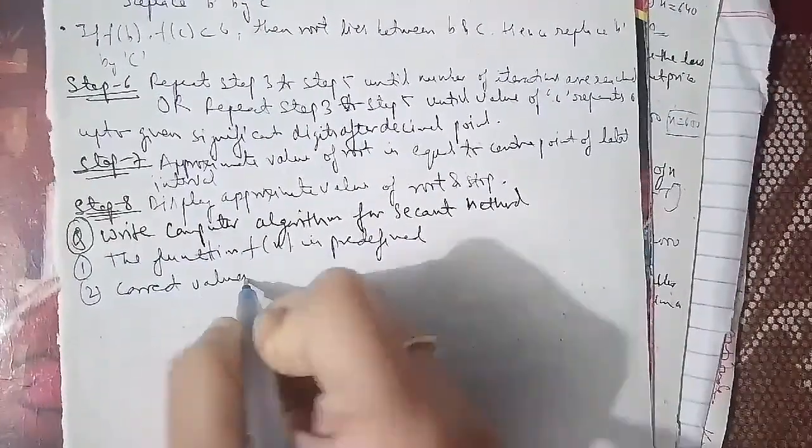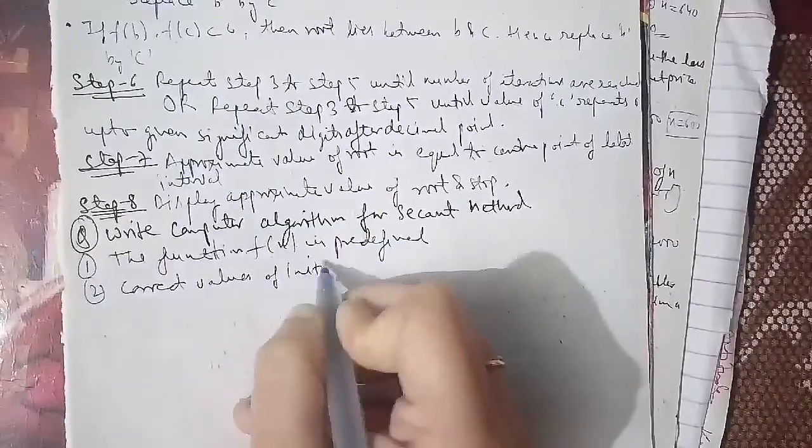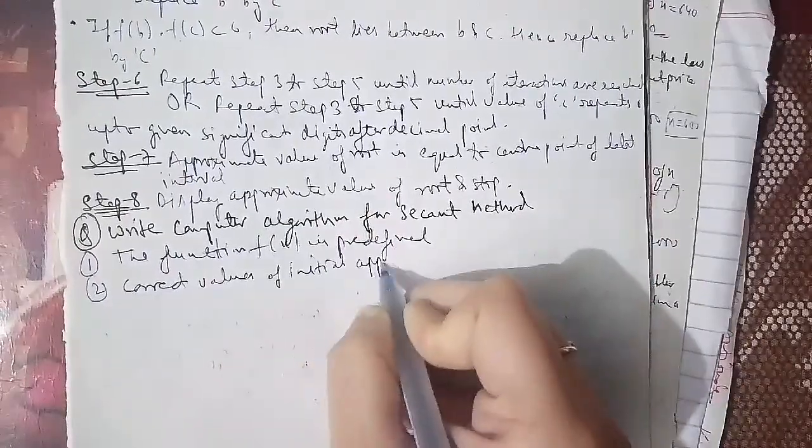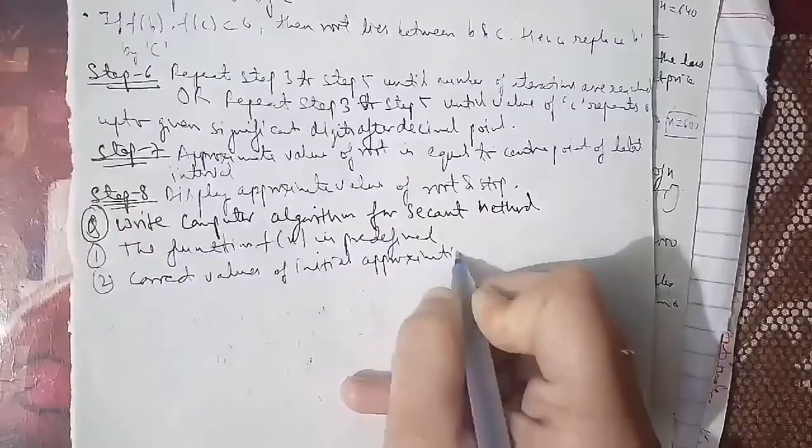Now we go ahead for the steps that we had done for the bisection method, that we'll deal with for the second method as well.